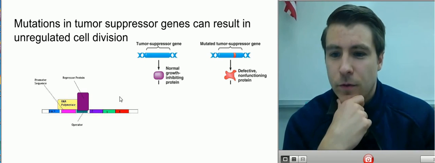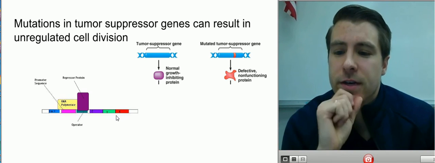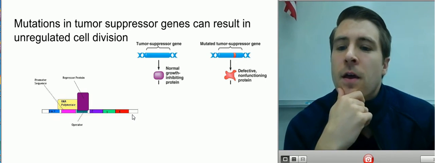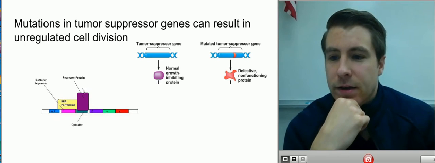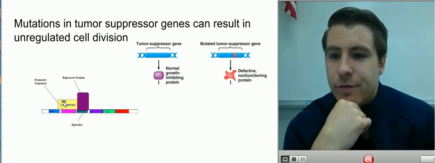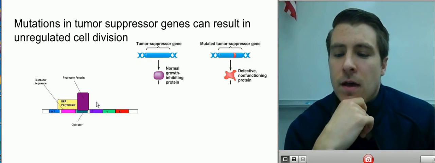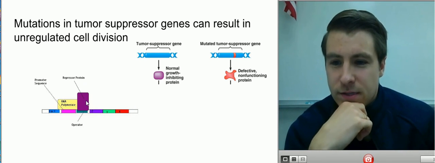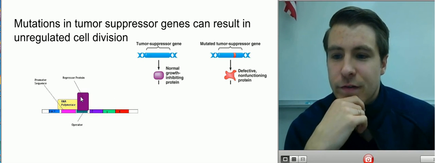And on the right side is where the gene is located that initiates cell division, let's just say. Well, a tumor suppressor, if it's doing its job, will come in and bind, and here it is, this big purple square. It's blocking the RNA polymerase from moving forward and synthesizing the protein that's going to initiate cell division. And so it's blocking that process from happening. In other words, it is suppressing cell division in this case.